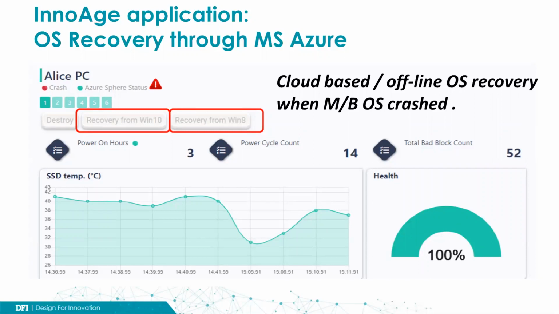By selecting different buttons of iCAP cloud, for example, in the development version of iCAP, we could simulate the OS boot partition crash by pushing the destroy button, and then push different buttons to select which OS to recover from, Windows 10 or Windows 8.